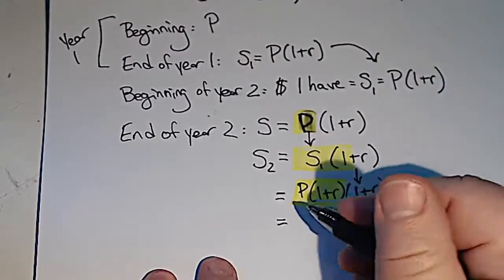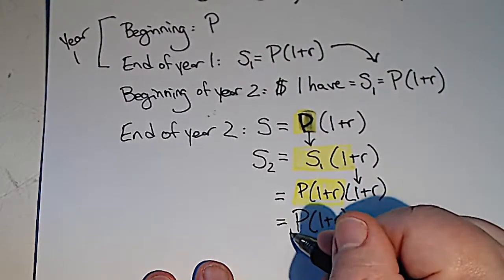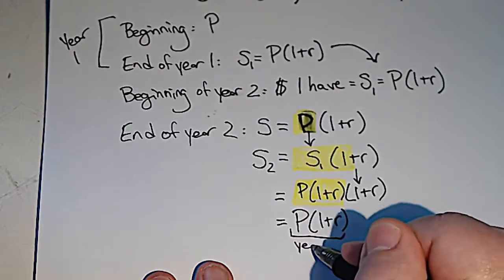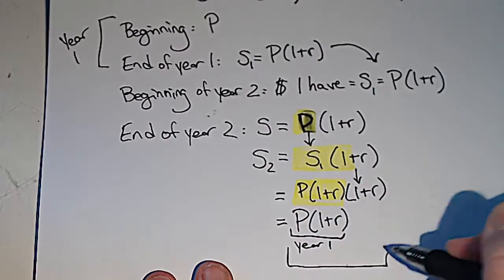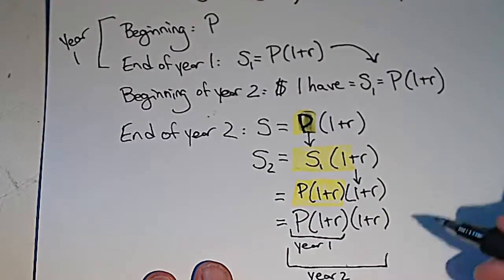So I end up with P times 1 plus r. That's the year 1. Times 1 plus r, year 2.